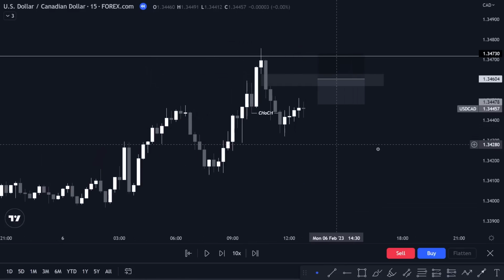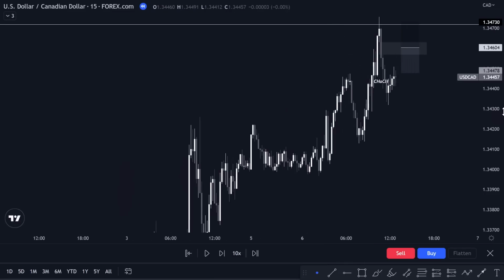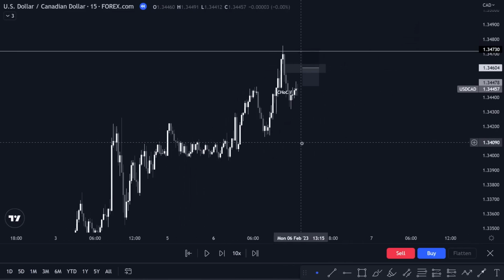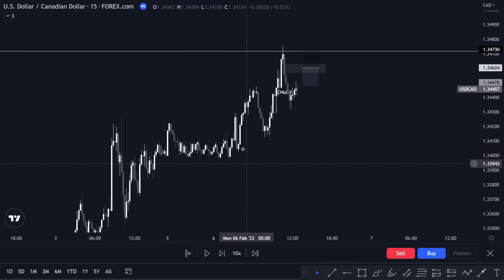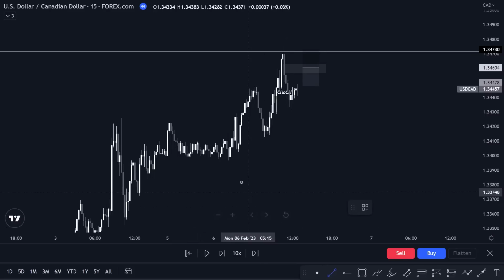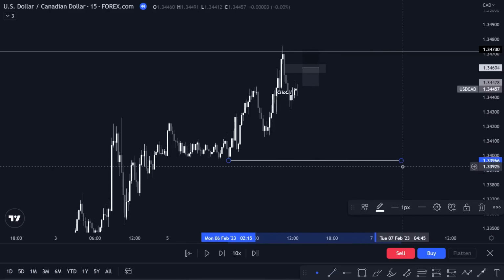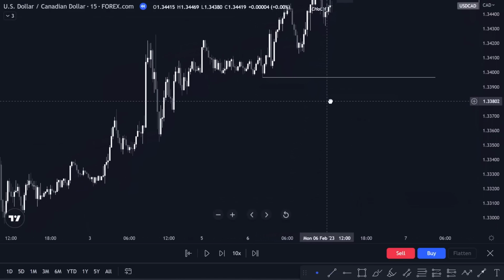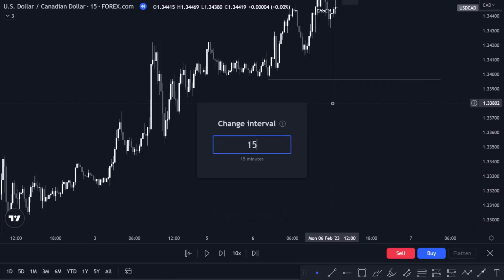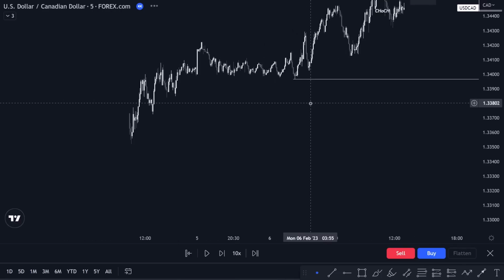So let's say here. Then where do we target? So first target is this liquidity right here, lots of equal highs. Even though it takes some here, I'm still sure this one has a lot of liquidity. So maybe this is my first level. Then, if I go to the 5 minutes, what do I see?